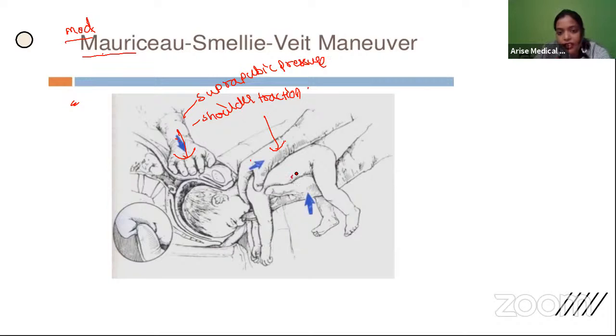And we are giving the malar flexion. So when we are doing malar flexion, shoulder traction and suprapubic pressure all together, we call it modified Mauriceau-Smellie-Veit maneuver. The difference of this maneuver from the previous maneuvers is you don't keep the finger in the mouth. No finger in the mouth. Okay.